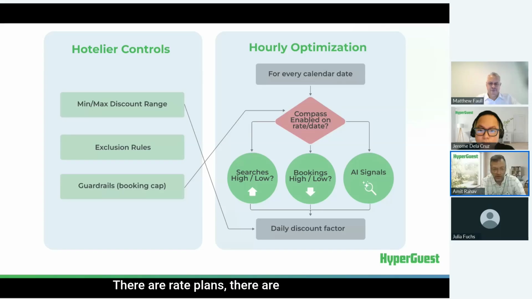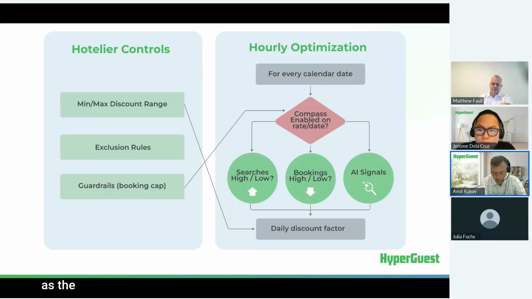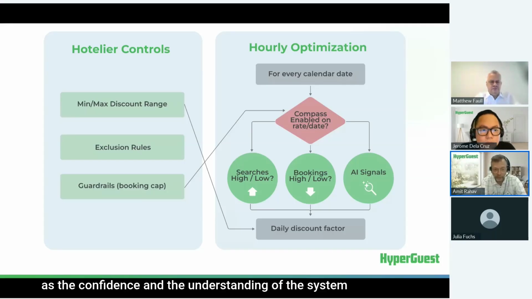There are rate plans and rooms perhaps where I don't want any optimization. So definitely I can control that. And then booking caps: no more than X bookings should be optimized, to make sure that I still have that control, and I can increase those limits as my confidence and understanding of the system progresses.